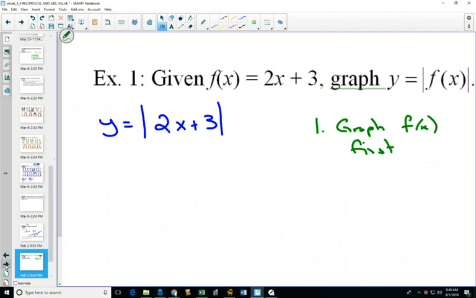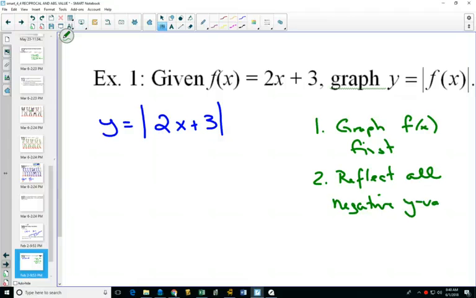And then once we've graphed our inside function first, we are going to reflect all the negative y values over the x-axis.